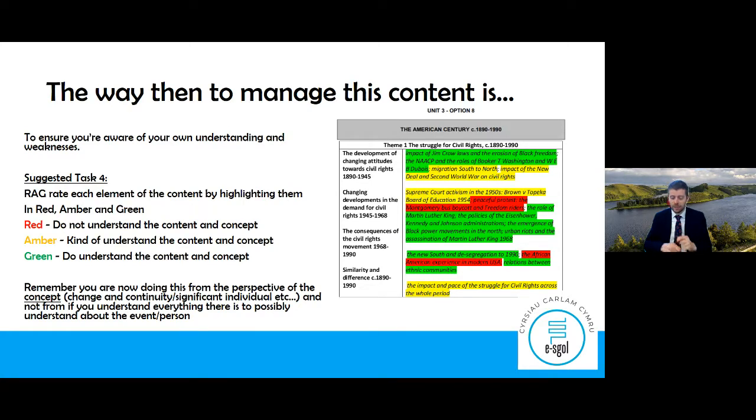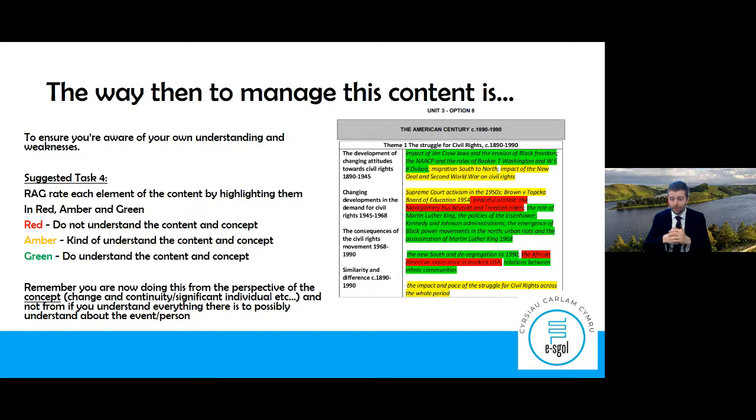And use this in order to help yourself, because if you've got it as green, then you know it's not something you need to focus your preparation for any assessment or evidence gathering on. It's not something you need to revisit in as much detail as those you've got in amber and red. And remember, you are now doing this from the perspective of the concept you've identified it as, whether that was change and continuity, or a significant individual, and not whether you understand everything there is to possibly understand about that event or person.